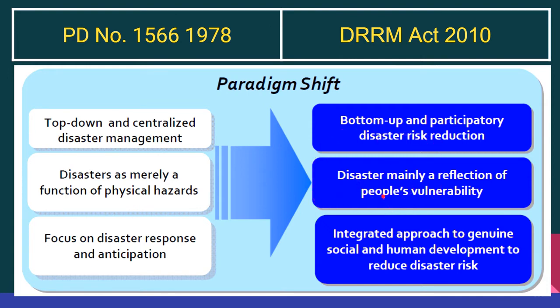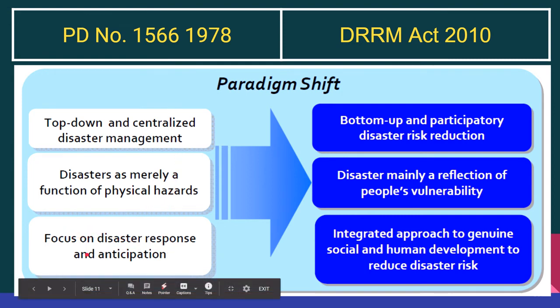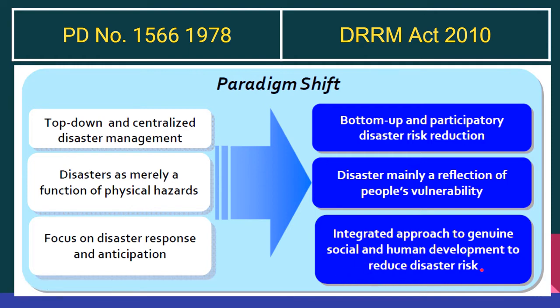They only become disasters if you're not able to protect the people and to lessen their vulnerability. And then PD 1566 focuses on disaster response, what happens after the disaster, while the DRRM Act has a more integrated approach to genuine social and human development by reducing disaster risk through adaptation and mitigation strategies.